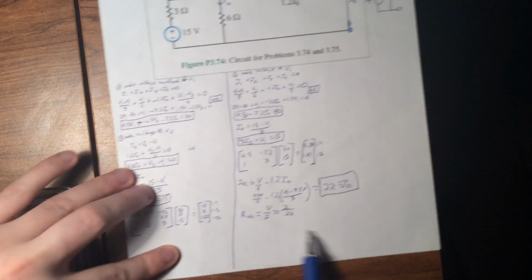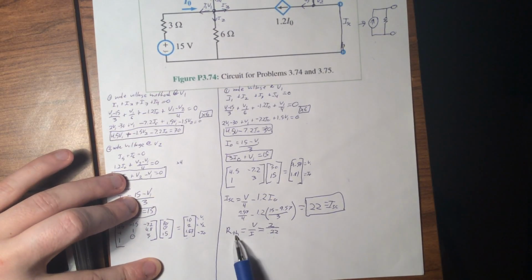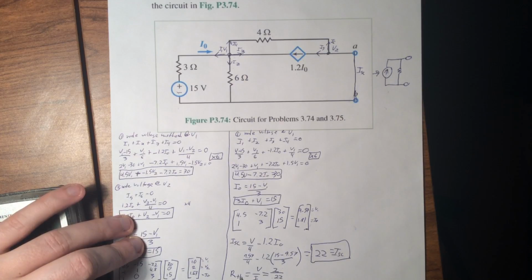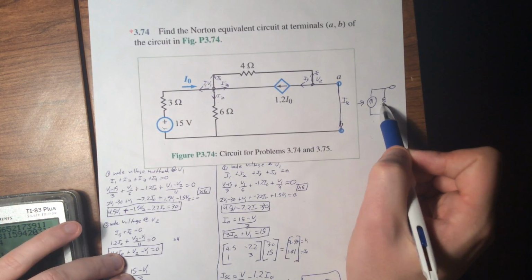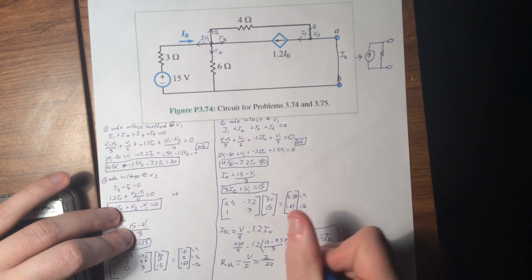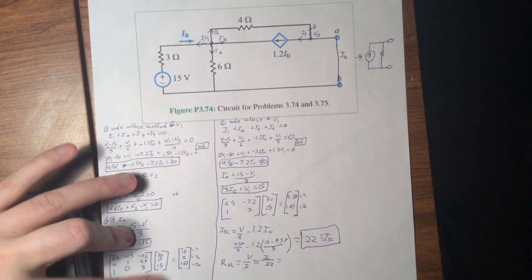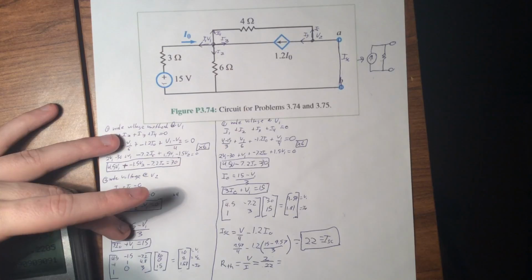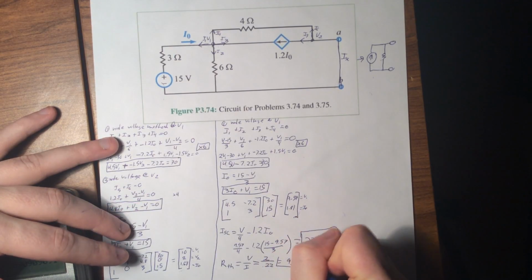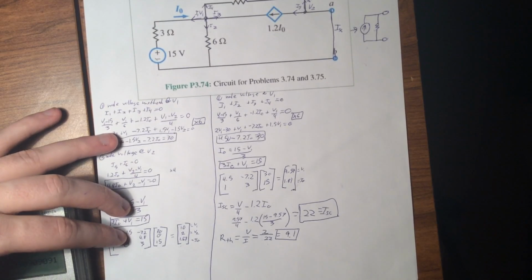This is V2 over 2. So let's look at our equivalent resistance right here. That's what we're looking for. So this is going to be 2 divided by 0.22 equals 9.1. So we solved that one.